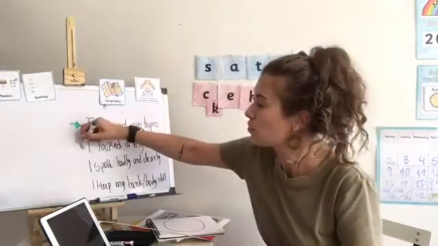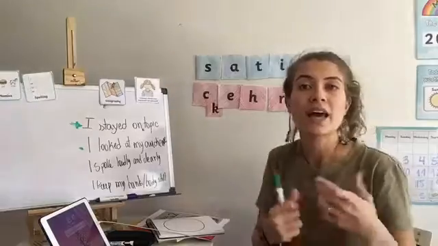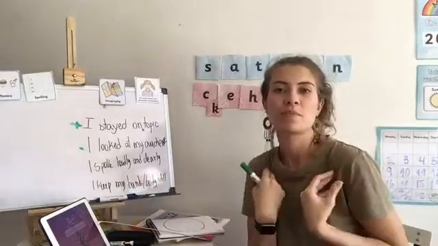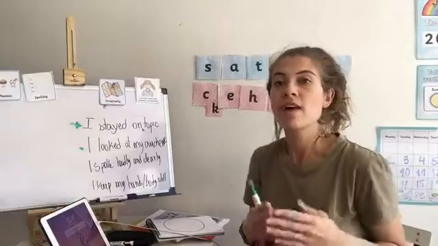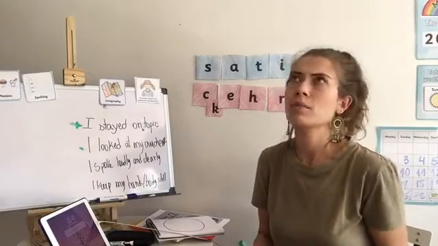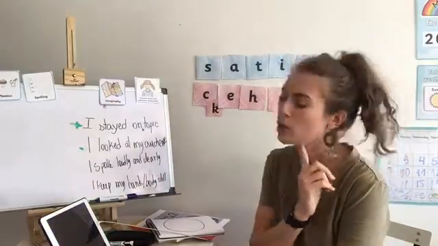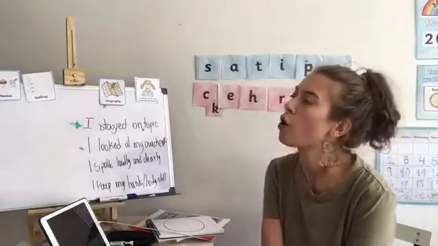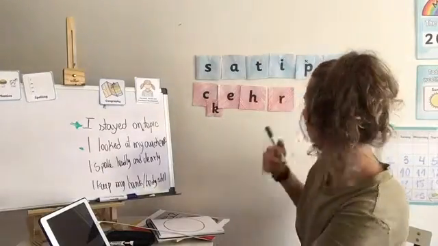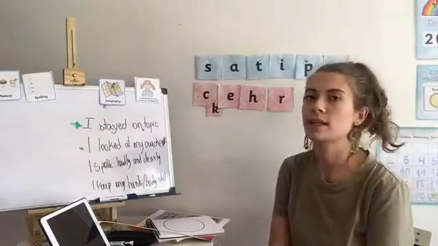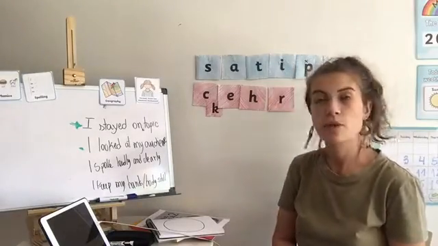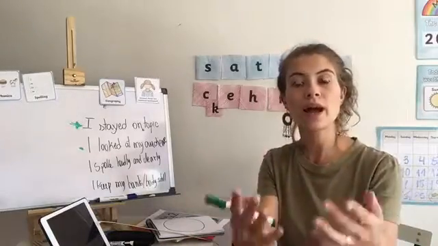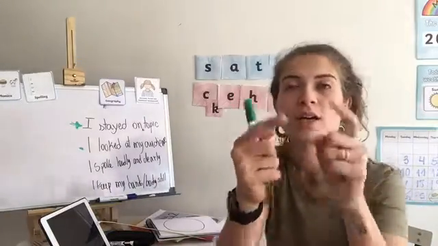Good. The second one is: I look at my audience. In this case, for example, I have a camera in front of me and I'm always looking at this camera. I am never looking to the top or looking down or looking at something behind me, or looking at the ground, for example. If I'm talking to someone, I have to look at this person.